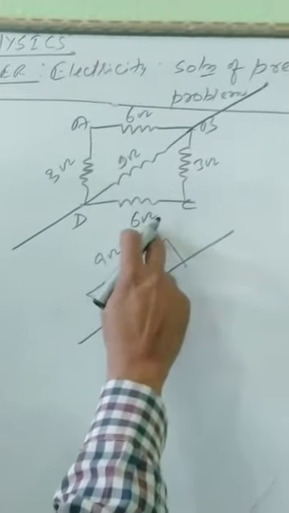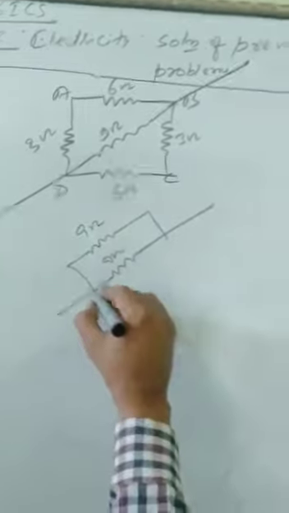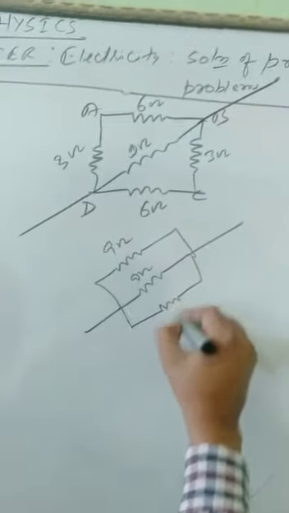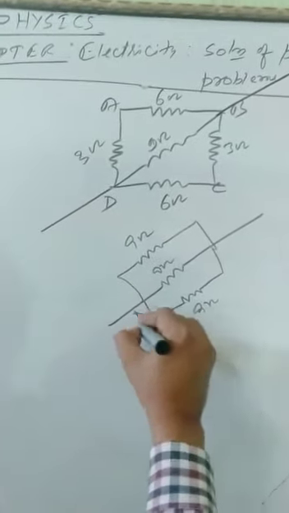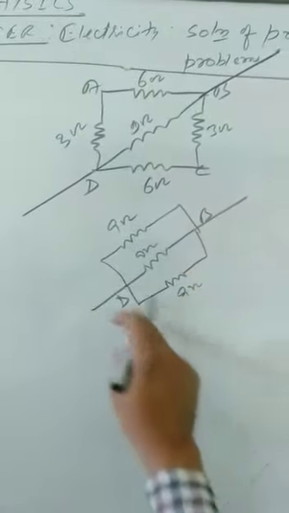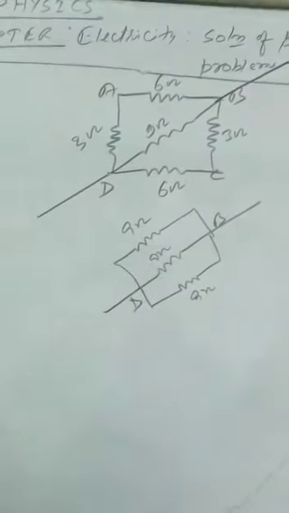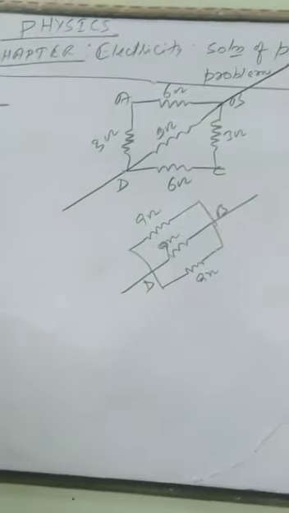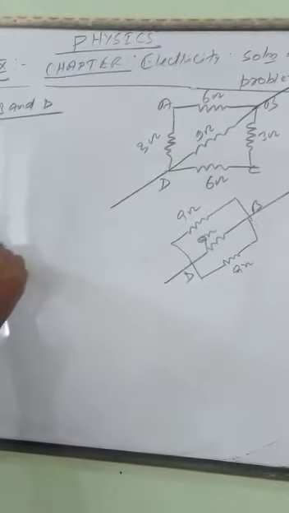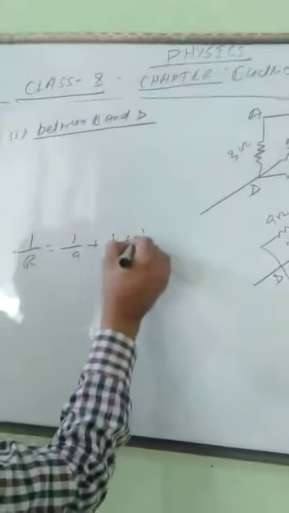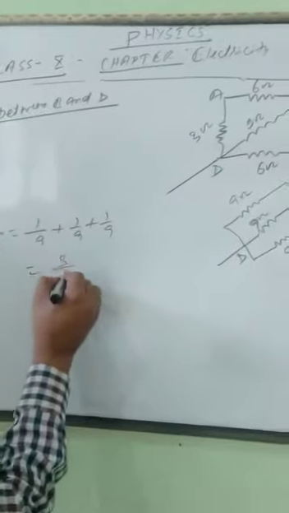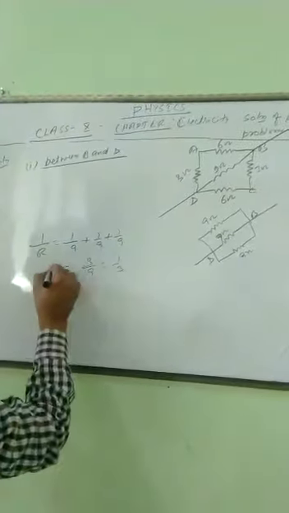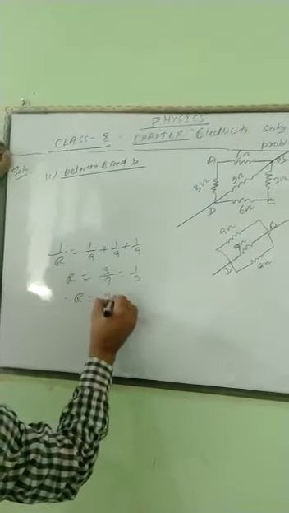Both of these are also in series, therefore 6 plus 3 is equal to 9 ohm. This is point D and it is point D. Now all three are in parallel. Therefore you will calculate 1 by R equal to 1 by 9 plus 1 by 9 plus 1 by 9, that will be 3 by 9, which is 1 by 3, and hence the equivalent resistance will be 3 ohm.